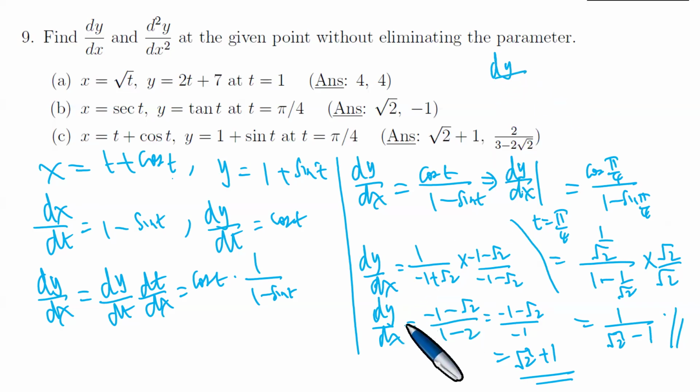So dy dx evaluated at t equals pi over 4.